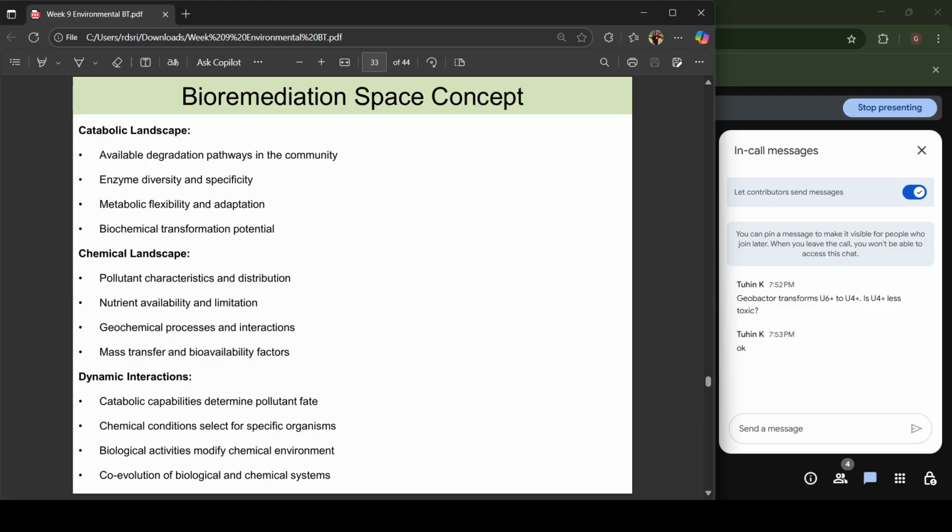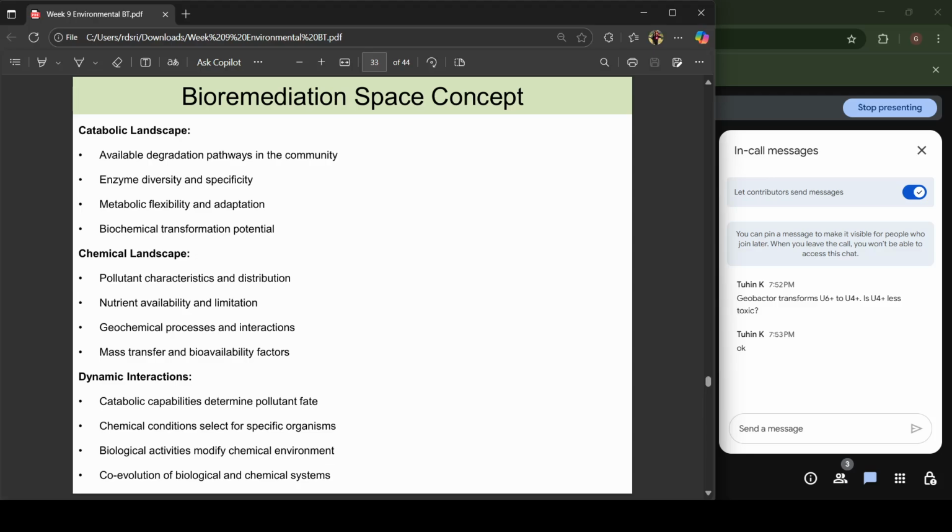Biological activities modify the chemical environment, and the entire study is going to be meaningful, and bioremediation is going to be successful through the co-evolution of biological and chemical systems.